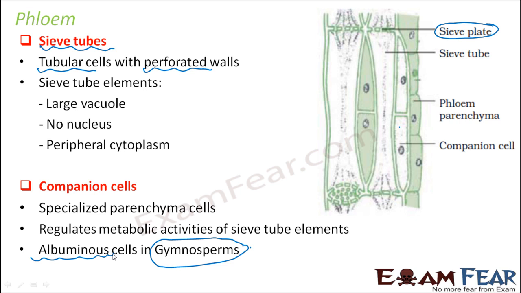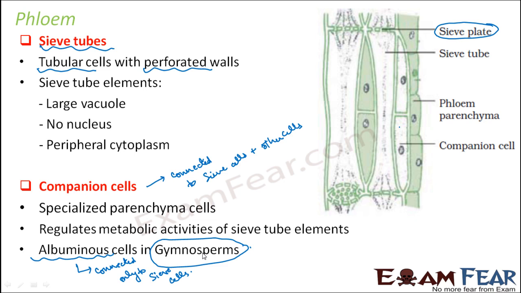Companion cells are connected to sieve cells as well as other cells, but albuminous cells are connected only to the sieve cells, whereas companion cells are connected to sieve cells plus other cells. So that is the difference between companion cells and albuminous cells. Companion cells are present in angiosperms and albuminous cells are present in gymnosperms.